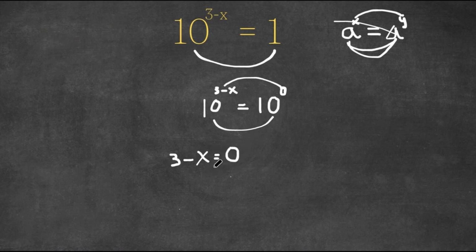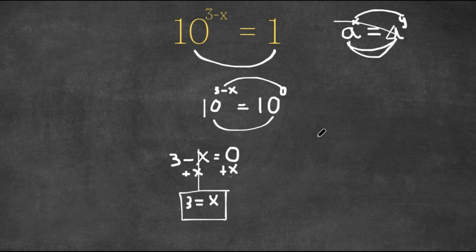And now, as you can see, we've created a simple equation using our method. So now, to get the value of x, we're going to have to make it go to the right side. So we're going to add x on both sides. And these two cancel out. So we're left with 3 equals 0 plus x, which is x. So now we have our value for x.